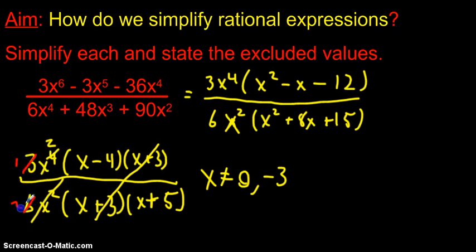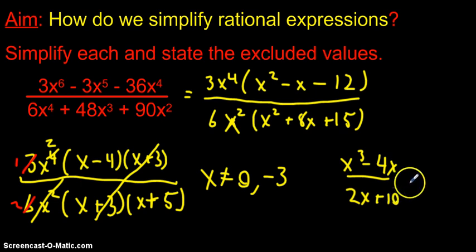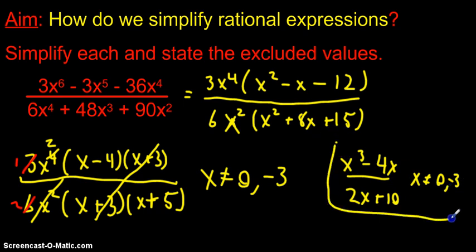So distributing out that 1x squared, the numerator here will become x to the third minus 4x over 2x plus 10, where x is not equal to 0 or negative 3. So that would be our final simplified expression, including the excluded values in our answer.